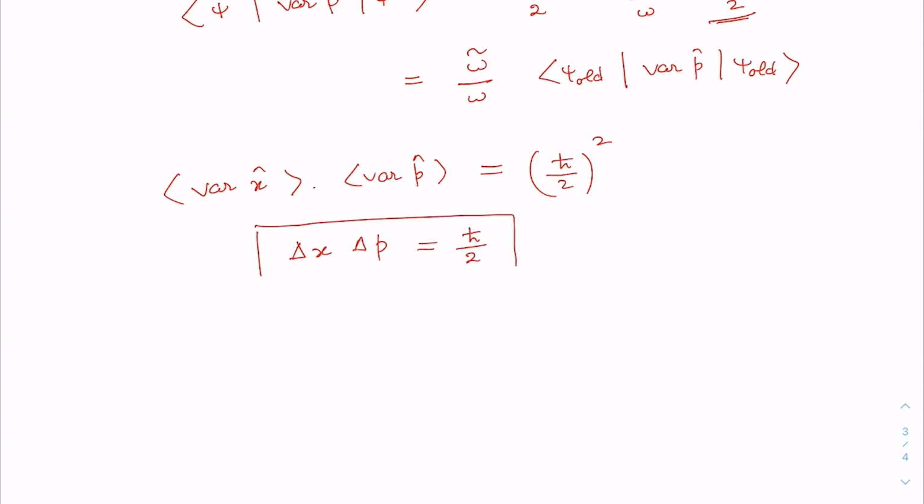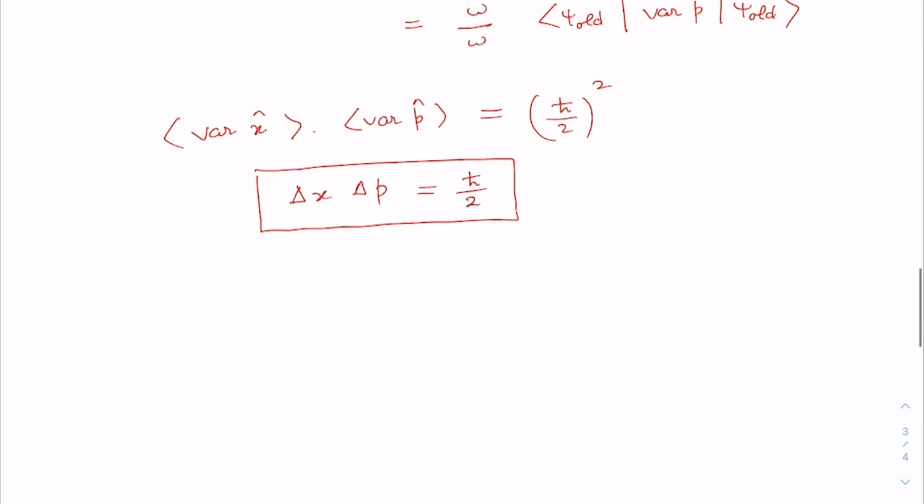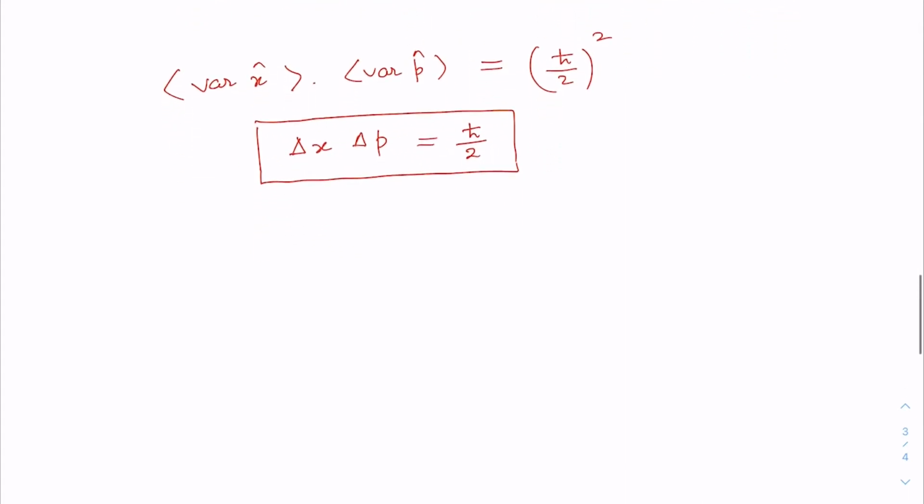Because of that, both coherent states and squeezed states are called Gaussian states, because for Gaussian states the product of uncertainty in position and uncertainty in momentum is minimum, that is h cross by 2.